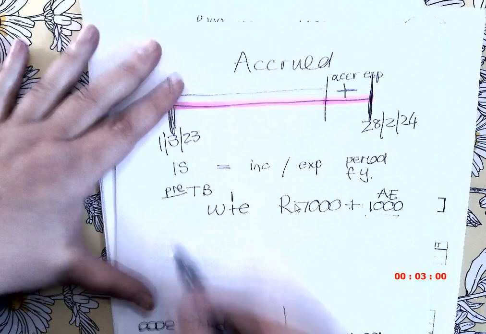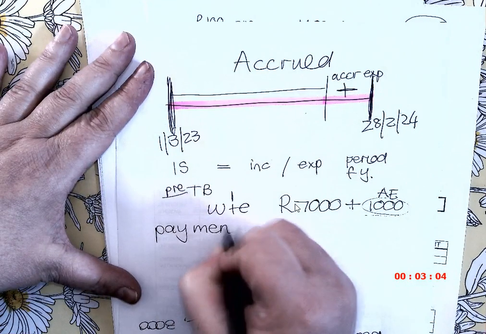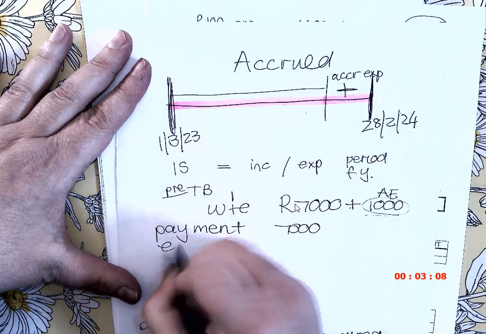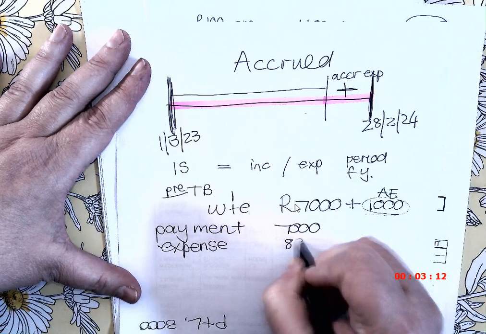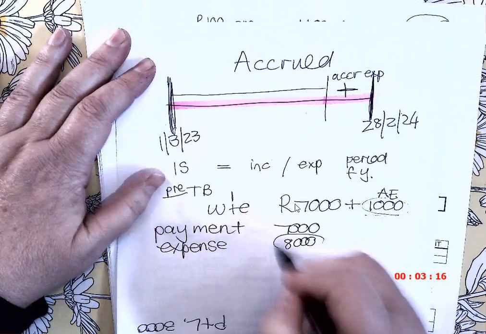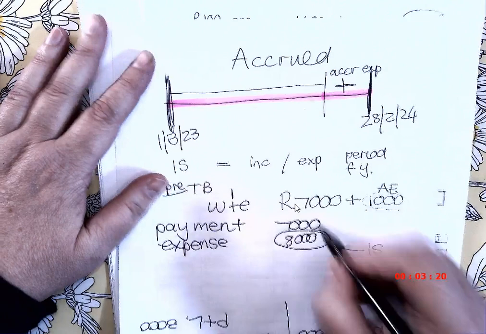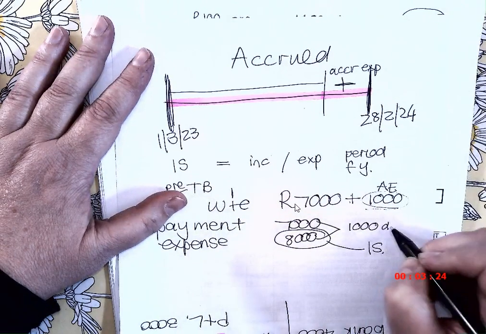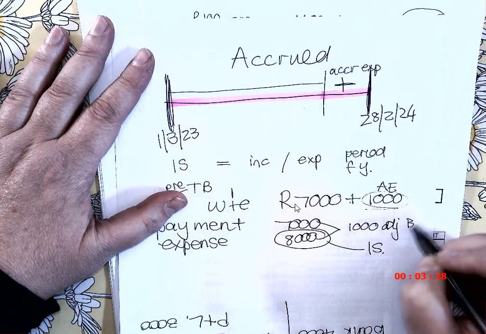If I ask you what is my payment, it would be 7, but my expense would be 8. You see the difference? Okay, so the 8 would go to the income statement, and the difference would be my adjustment that will go to the balance sheet.